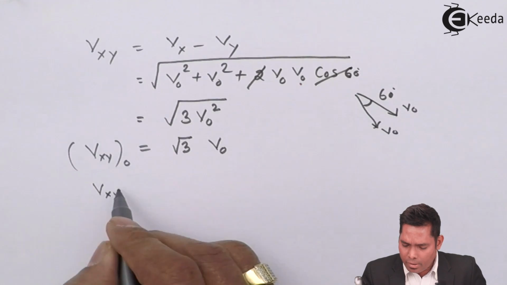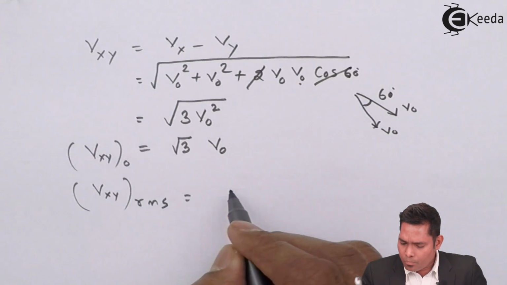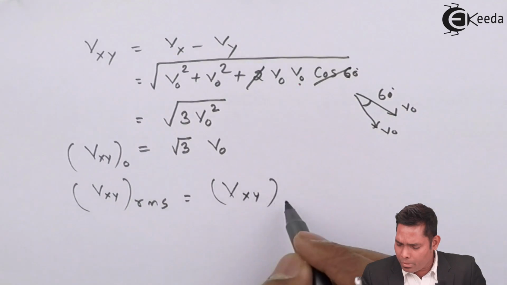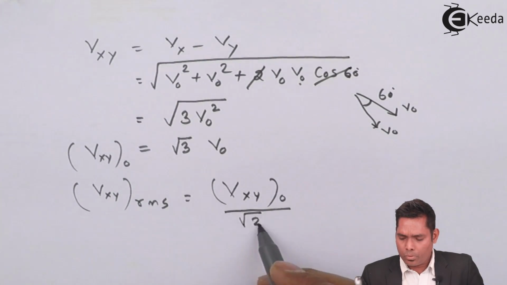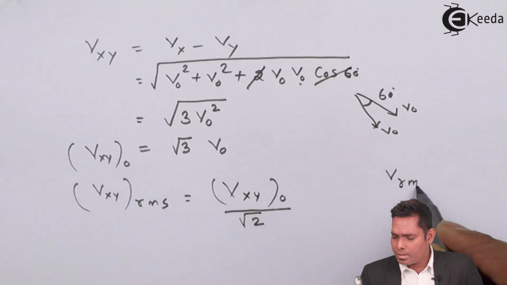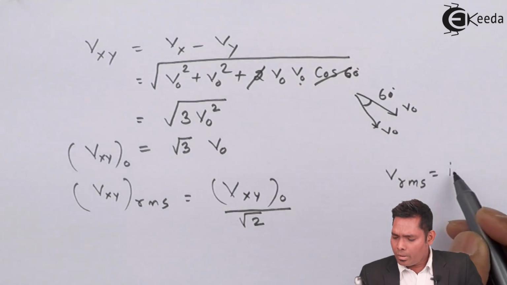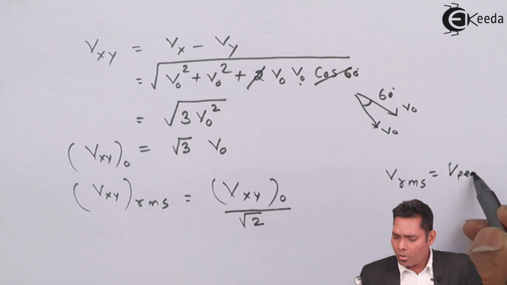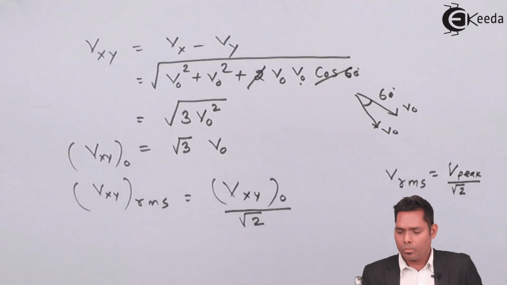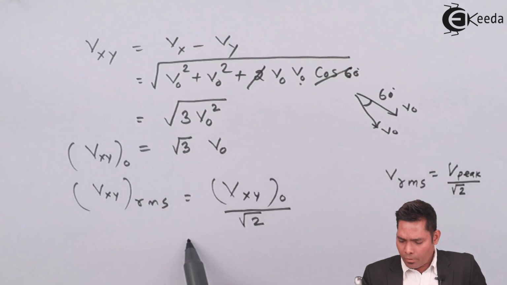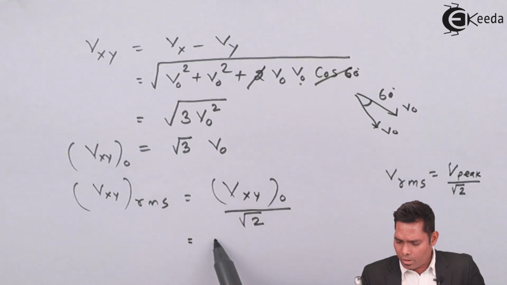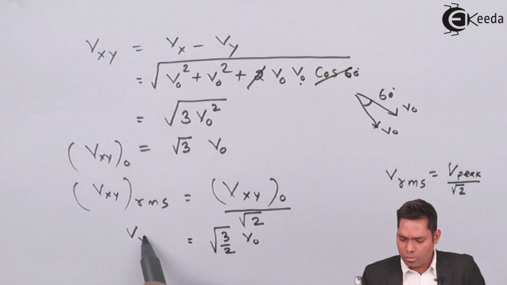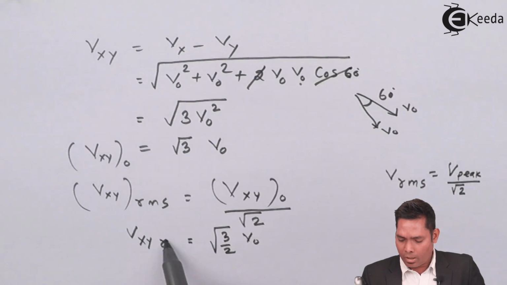So Vxy RMS is Vxy peak value divided by root 2, because Vrms is V peak or V0 divided by root 2. If I substitute root 3 V0 here, I'll get root 3 by 2 V0. This is what the instrument will read, the RMS value.